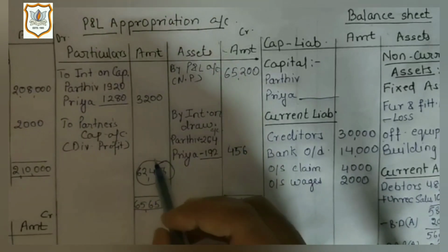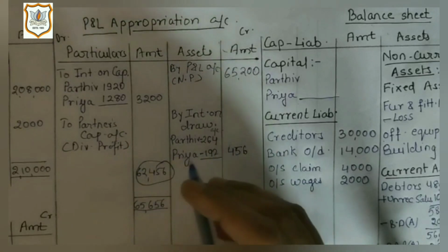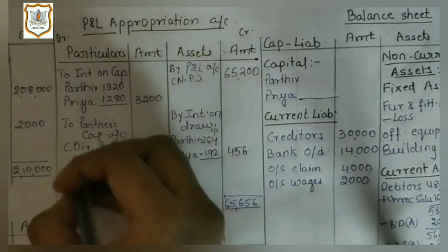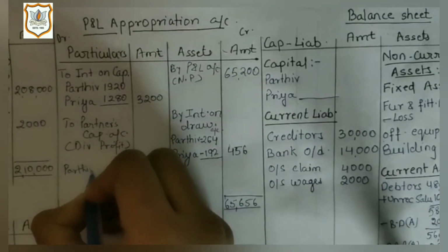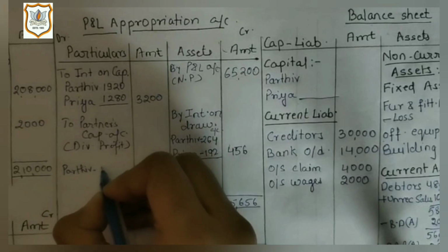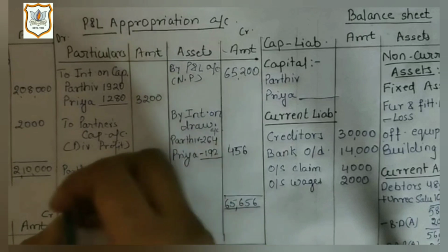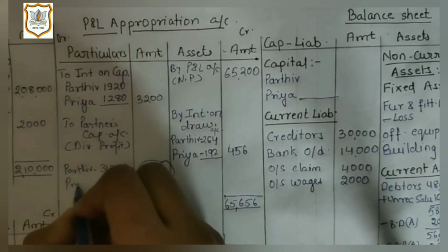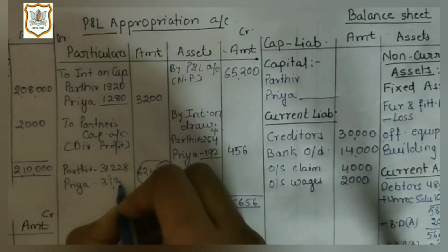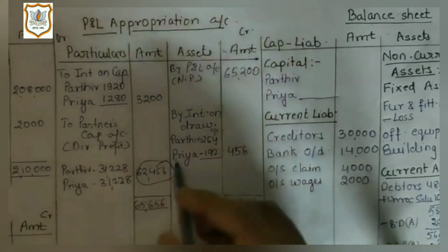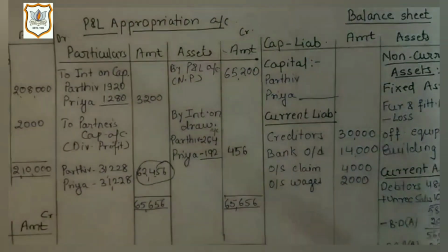Now this will be distributed to both the partners equally, as no profit and loss sharing ratio is given in question. So Parthiv will get 31,228 and Priya 31,228 according to equal distribution of divisible profit.